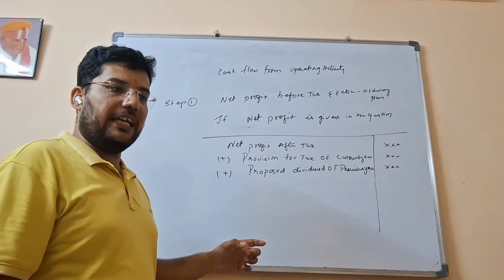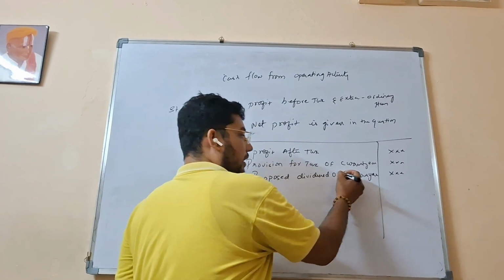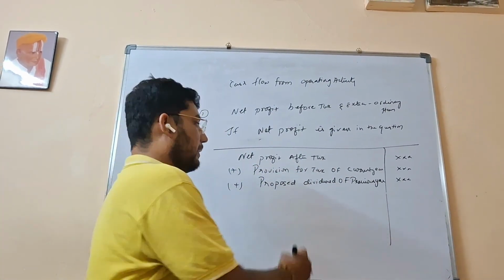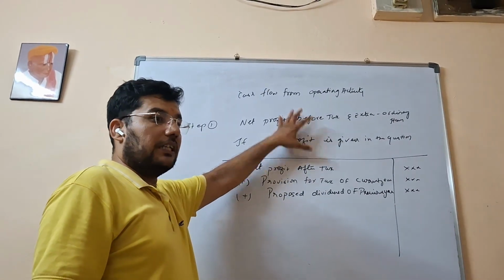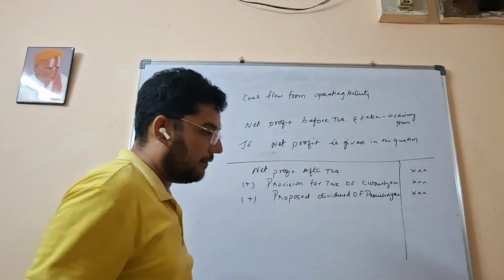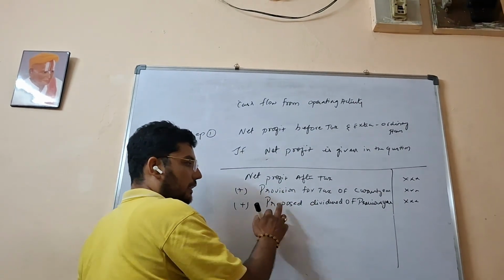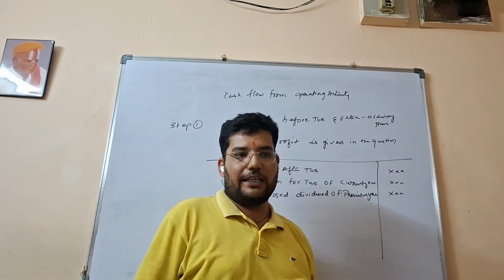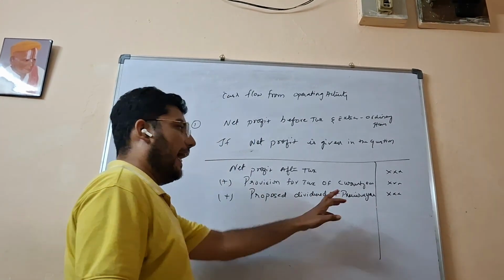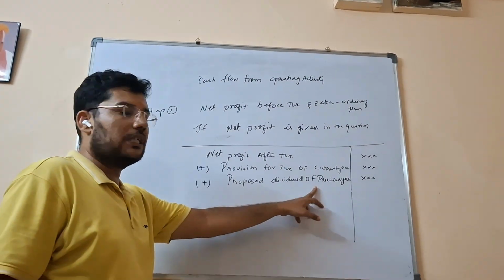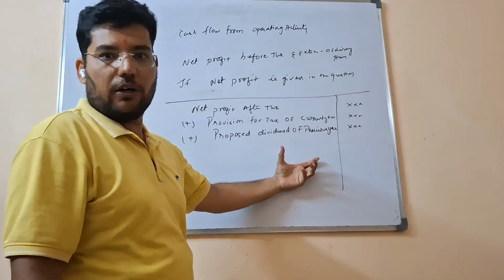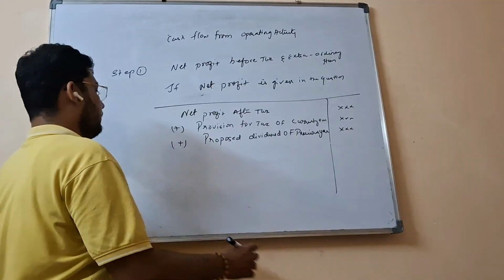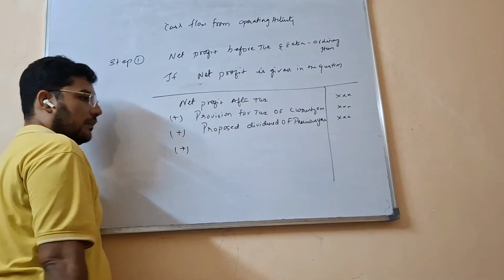Sir, here we are paying, it is an outflow of cash, sir. Yes, but it is not relating to the operating activity. It is relating to financing activity. So this has a second effect, that is we are going to deduct it in financing activity. But as we have declared it from profits, we add it back to the profit to purely find out what is my operating profit.